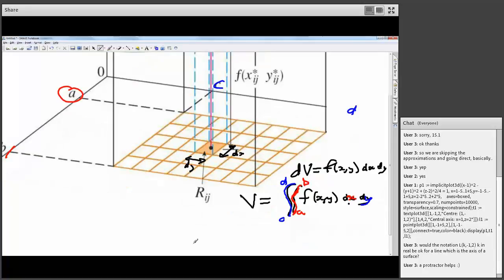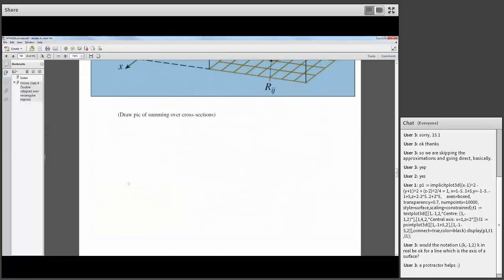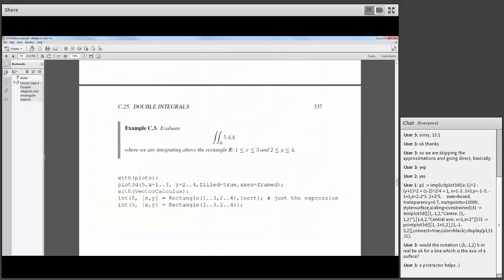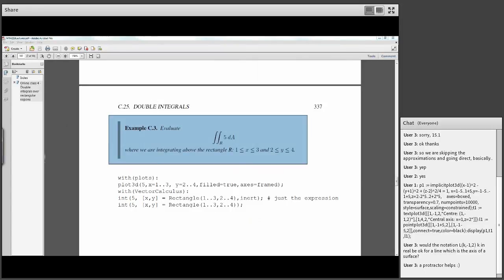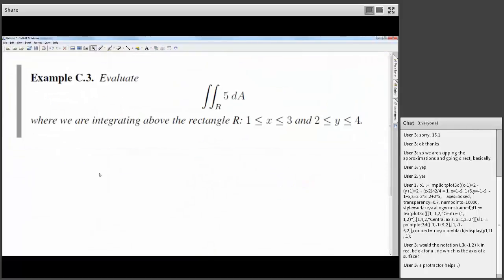So let's just do one example for the moment, and then we'll talk about how to do it in more general terms. So what we're trying to do is integrate twice, so it's called a double integral over a region R of a function 5 dA.